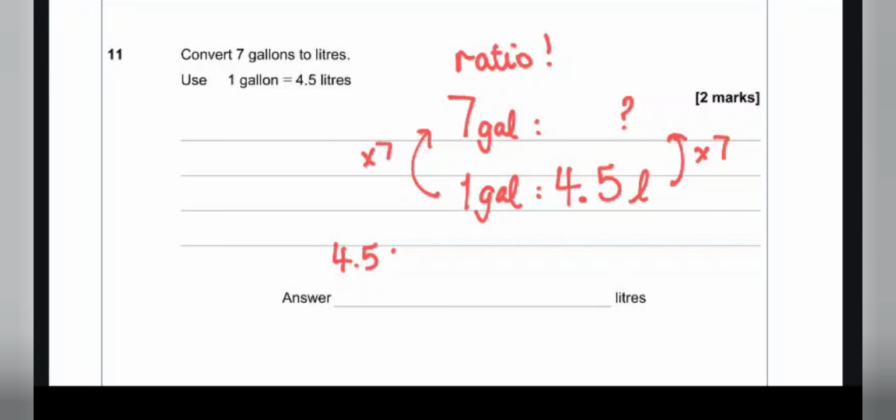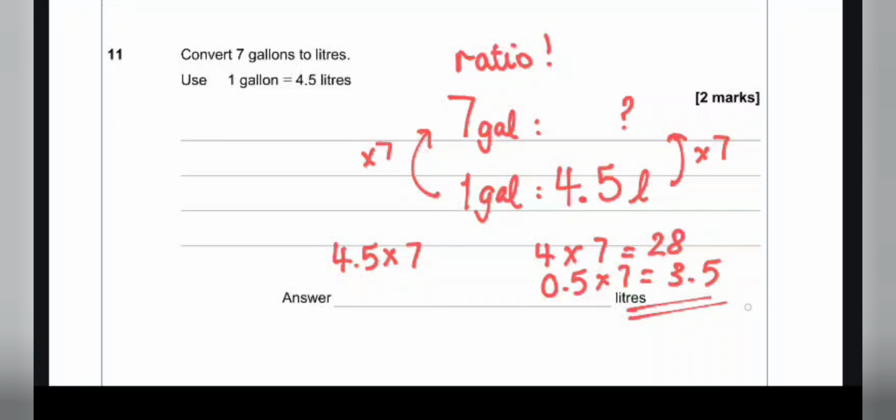Now, with this being a non-calculator paper, you can do 4.5 added together 7 times in a big old column. What I like to do is split up my whole part and my decimal part like that, and then add them together. Either way, as long as you get 31.5. And make it clear.